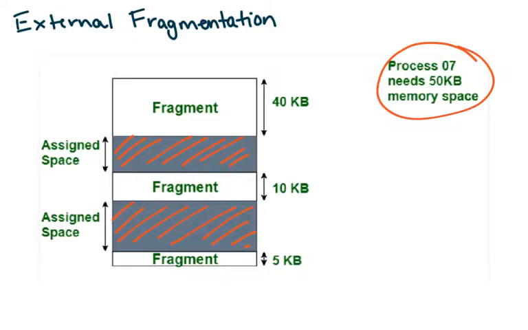Remember, this is contiguous memory allocation, so it has to be all in one contiguous block. It can't be split among 2 blocks. We do have 50 kilobytes here, but it's split among 2 different blocks and is not contiguous, so that's not going to work. This is called external fragmentation, where a process comes in that needs a certain amount of space, but there's not a hole that can fit that process into memory.